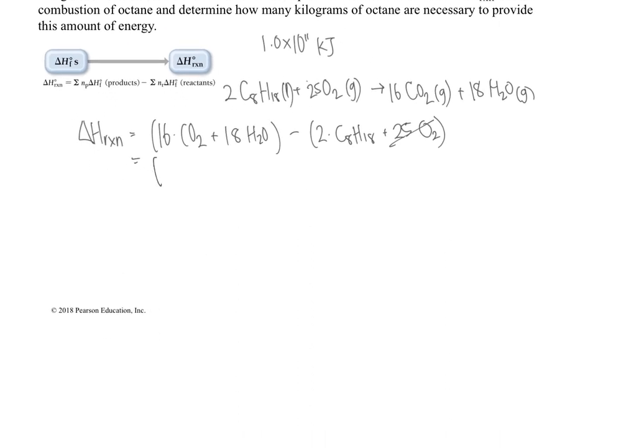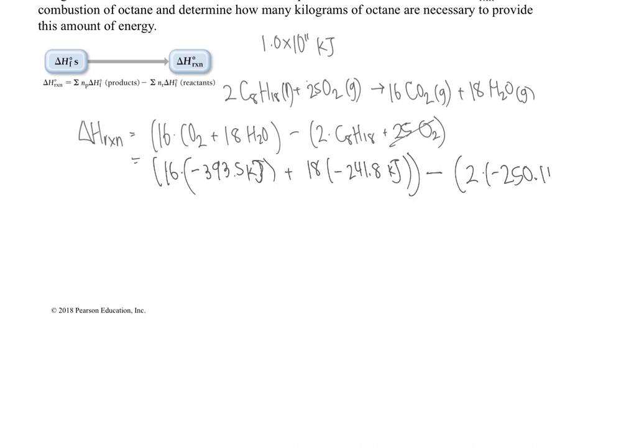I look in the textbook and I find that carbon dioxide is negative, so 16 times negative 393.5 kilojoules, plus 18 times water, which for gaseous water is negative 241.8 kilojoules, minus 2 times octane, and octane is negative 250.1 kilojoules.